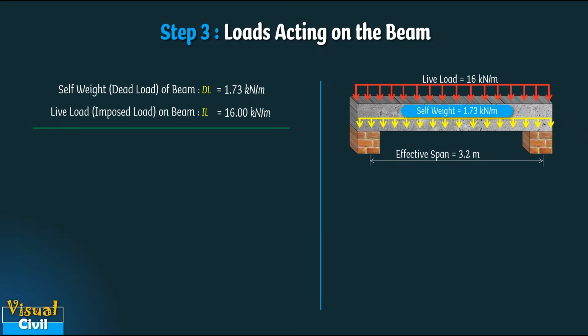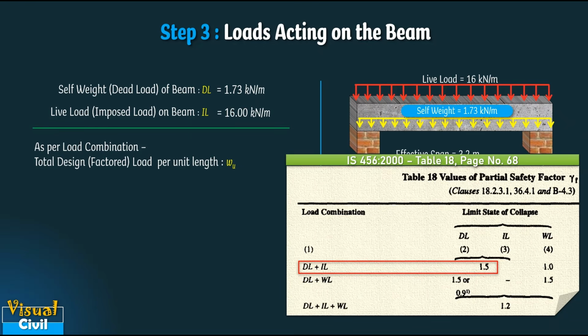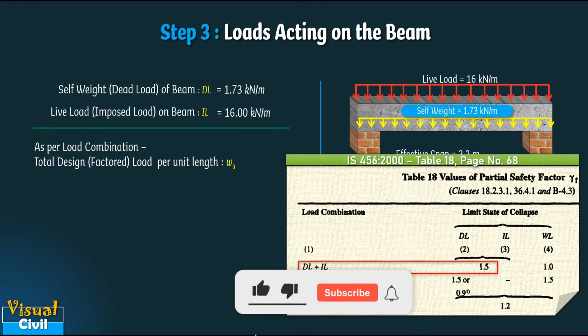After getting dead load and imposed load, compute the total design or factored load per unit length using a load combination of dead load plus live load with a partial safety factor of 1.5 as given in table 18 of IS 456.